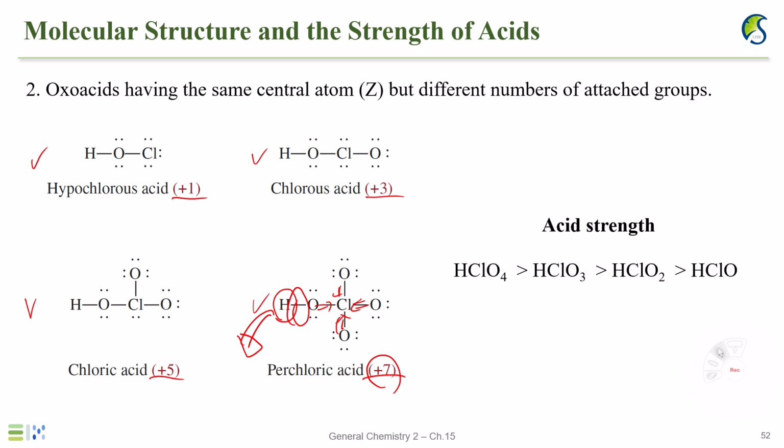So the higher the oxidation state of Cl, the easier the proton is detached, which means the strength of the acid is higher. This is the relative acid strength between these four different oxo acids.